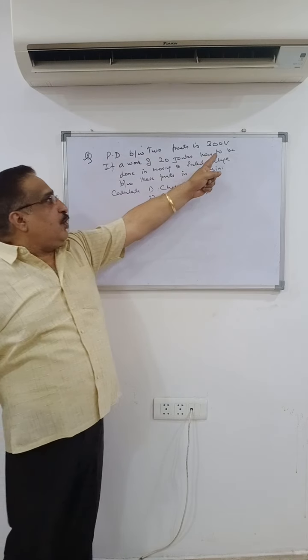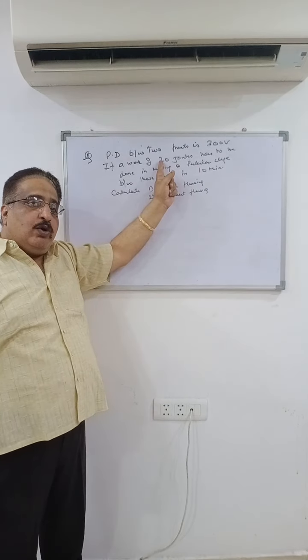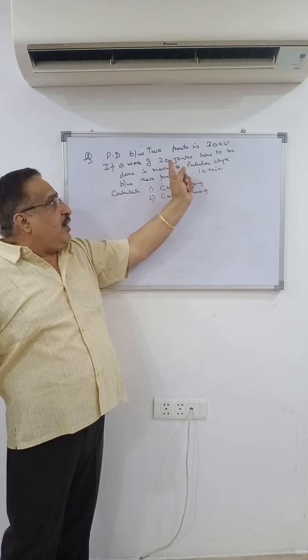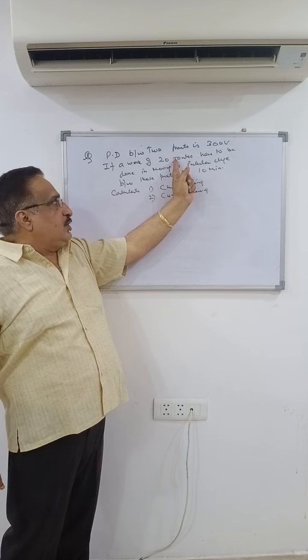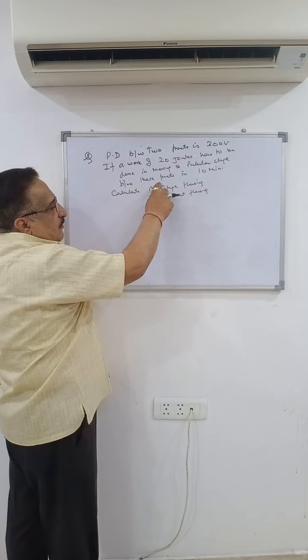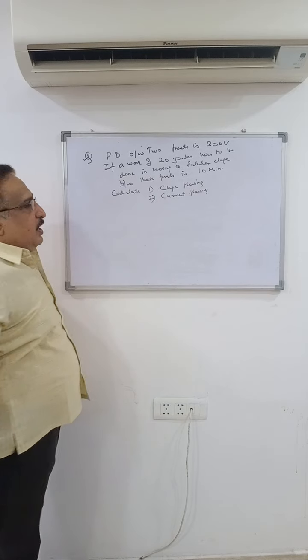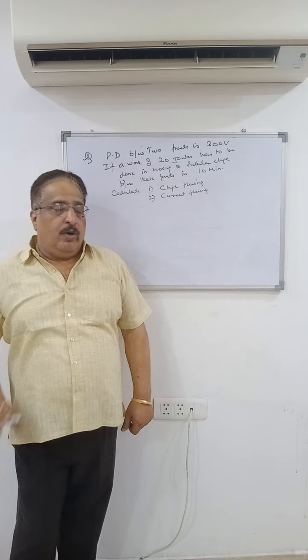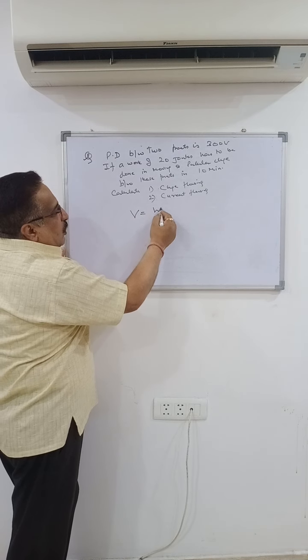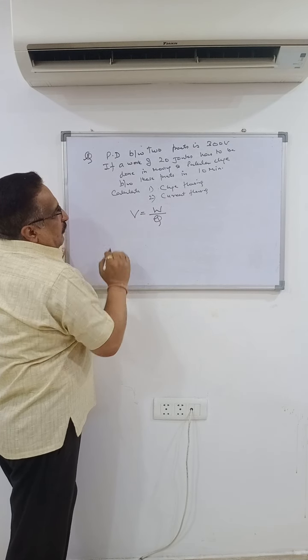Potential difference is given to you, work done is given to you. From the potential difference and work done, you use this formula to get the charge. From the charge you can calculate the current. Now, V is equal to W by Q. What is given to you?